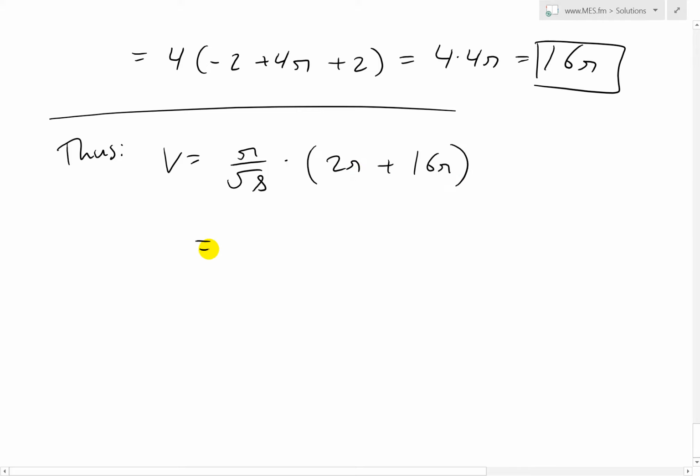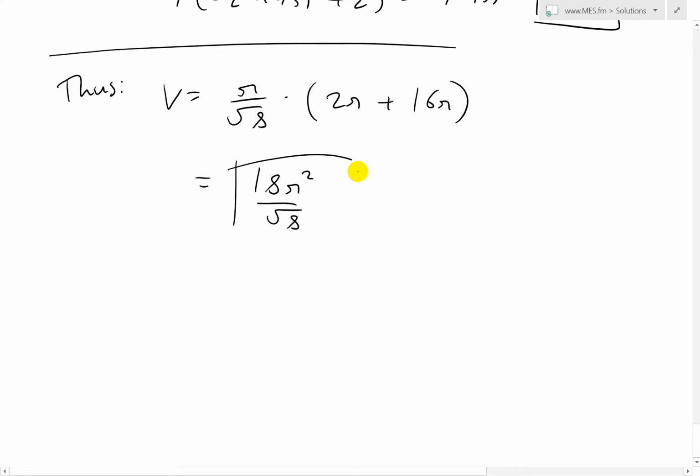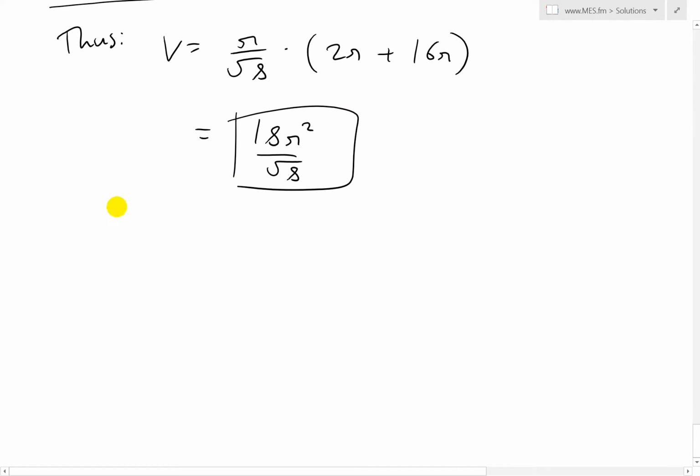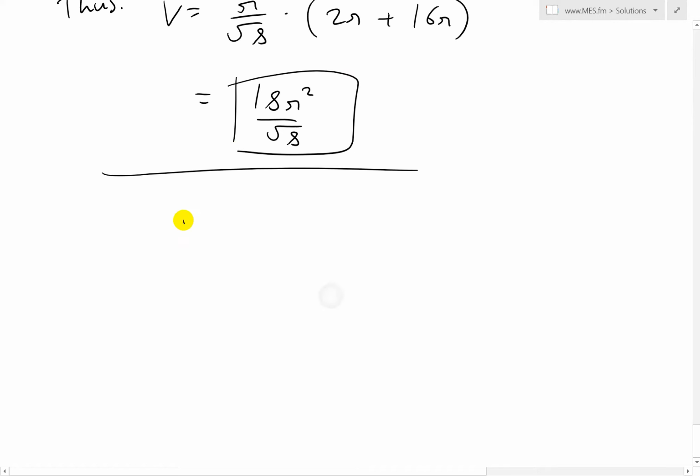So you could write the answer as 18 pi squared over square root of 8, and there is our answer, except you could simplify this further. My calculus book writes the square root of 8 as square root of 4 times 2, which is square root 4 times square root 2. Square root 4 is just 2.